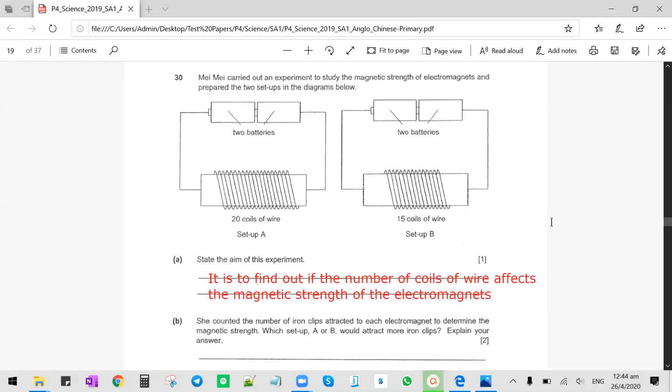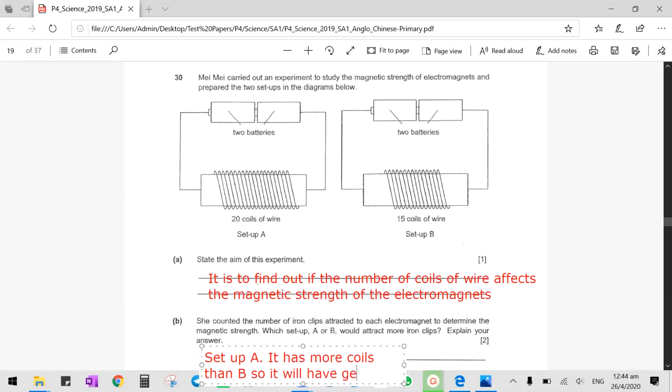She counted the number of iron clips attracted to each electromagnet to determine the magnetic strength. Which setup, A or B, will attract more iron clips? I think the answer is quite obvious. The answer is setup A, because it has more coils than B, so it will have greater magnetic strength, and cause more clips to be attracted.